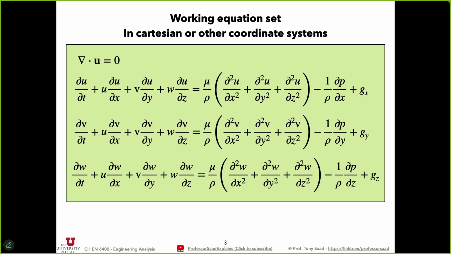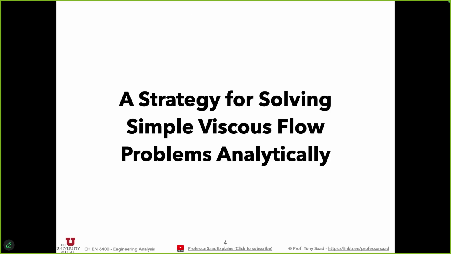If you are given equations with a stress tensor, say a non-Newtonian fluid, for example, you have to pick the equations that contain the stress tensor in them and do the substitution. Okay. The strategy that I will propose today is one way to find solutions for Navier-Stokes equations, and that strategy evolved over the years as I saw the types of problems we were solving.